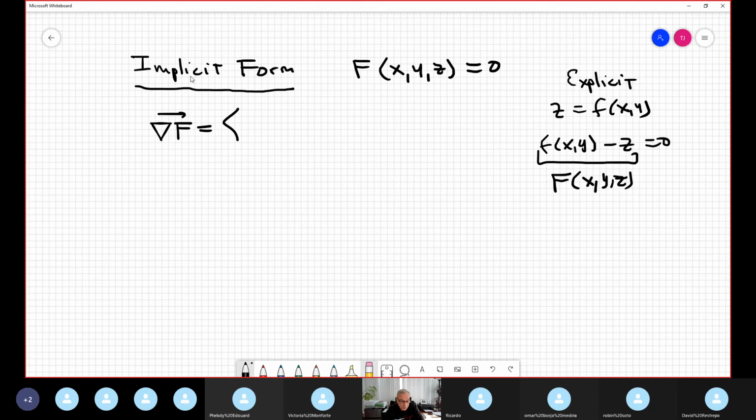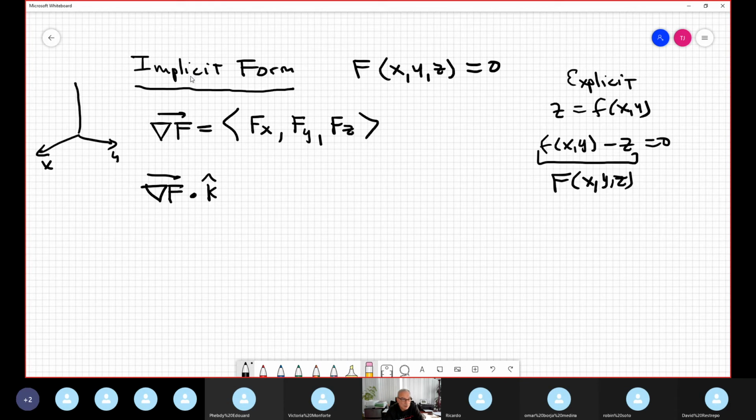The gradient is the partial derivative of capital F, the implicit form, with respect to x, the first component, with respect to y and z. And suppose that I make a decision to convert the surface integral into a double integral in xy. If it's in xy, you take the gradient and do the dot product with k, the vector that is perpendicular to the xy plane.